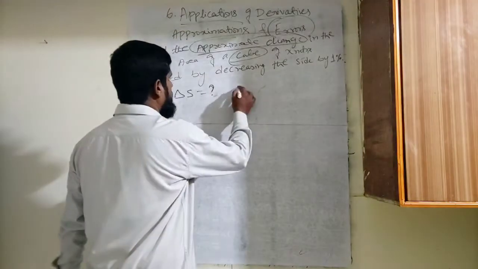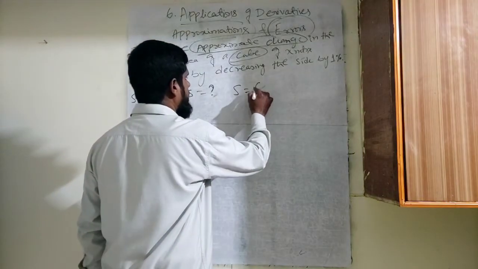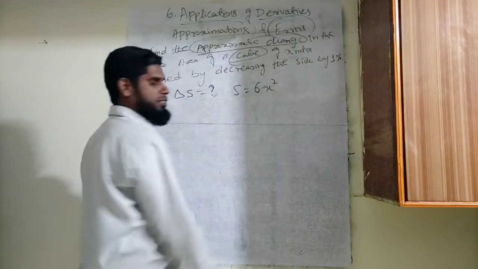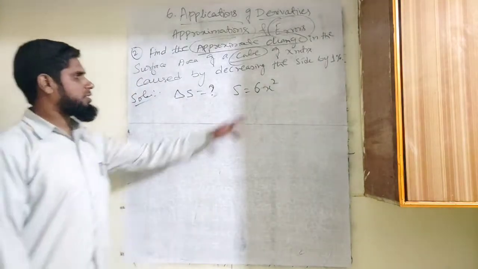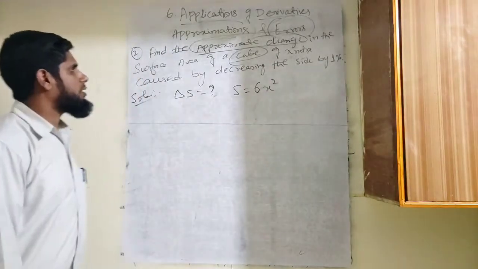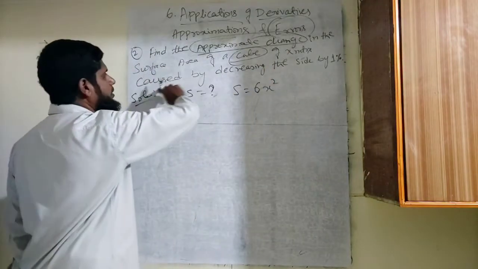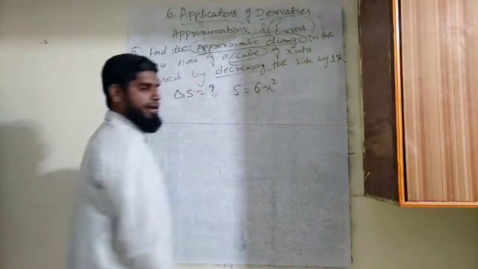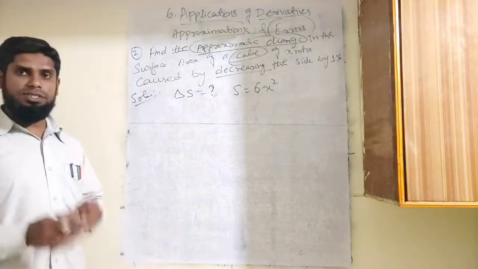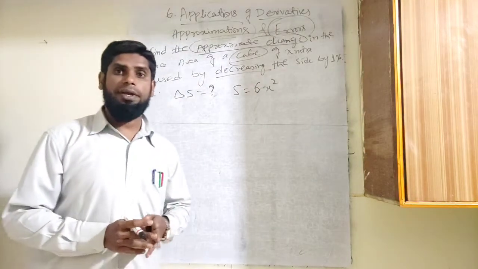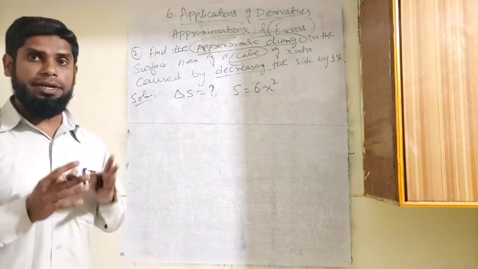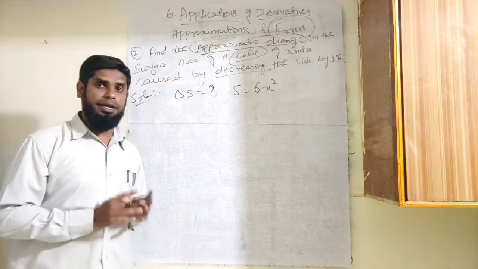of a cube. Surface area of a cube is 6 into x square, 6 into side square. Okay, side is x only. So decrease is said. He used the word decrease. And in rate of change of quantities, we studied whenever we get a word called decrease, we should put a negative sign.